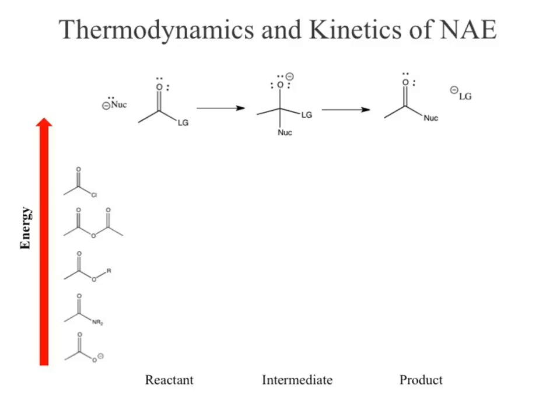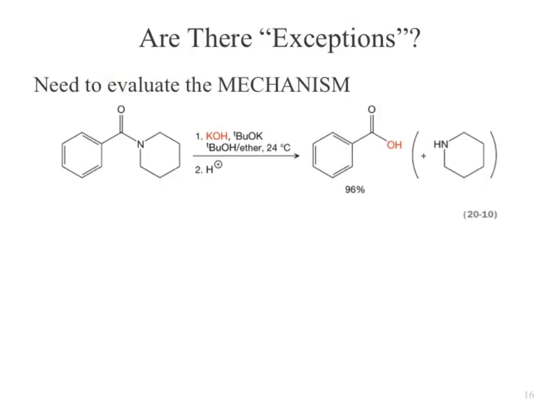Once I'm at the top, I now have access to everything underneath it through relatively simple chemistry. Okay? So be aware with this chemistry, you may be going backwards to go forwards.